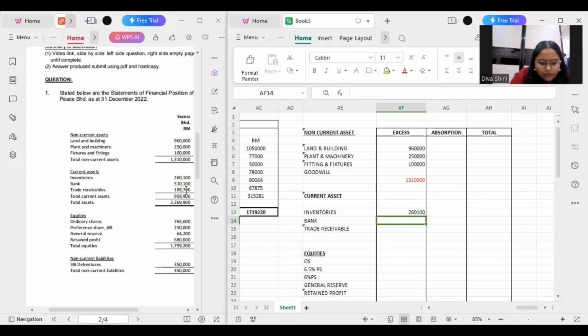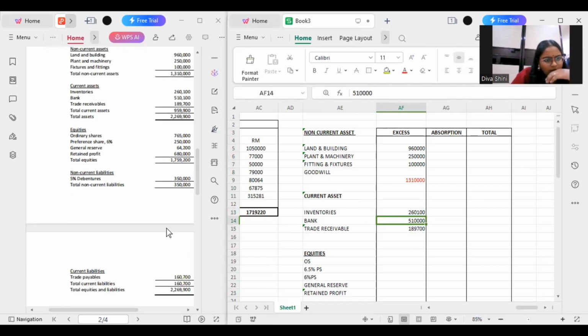Then is 510,123. And trade receivable is 189,700.